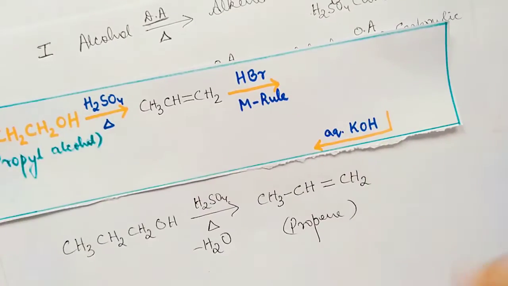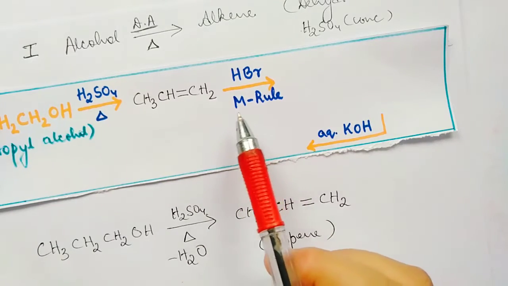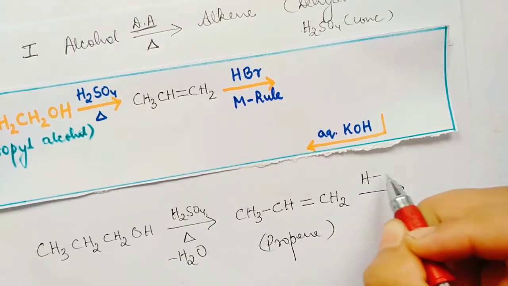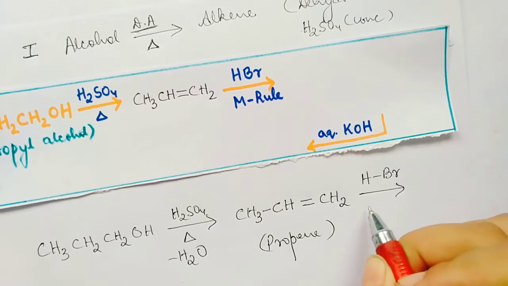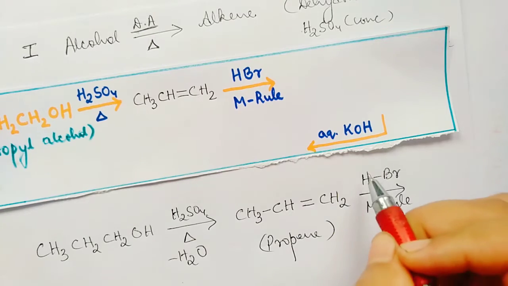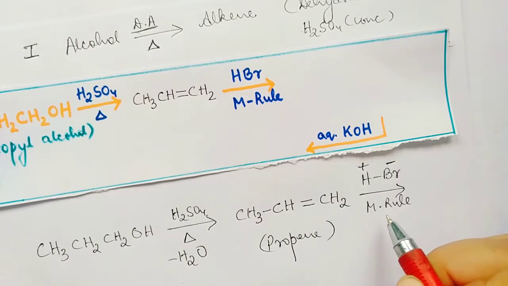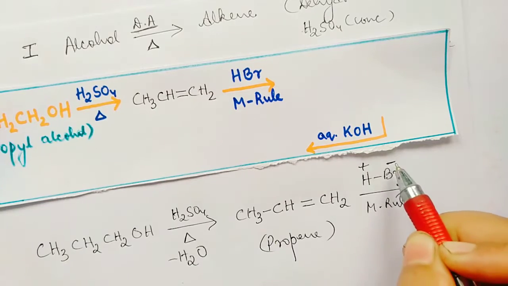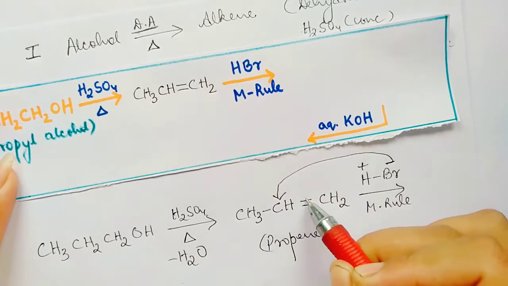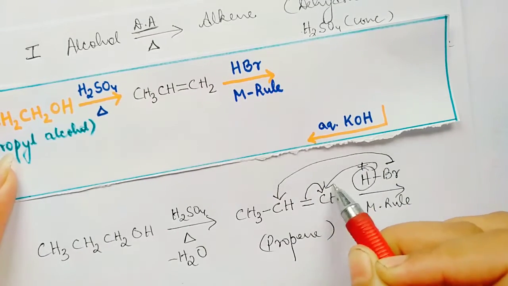Next, you add hydrogen bromide and you have to follow the Markovnikov rule. Here you have a positive part and a negative part. According to the Markovnikov rule, the negative part goes to the carbon which is less hydrogenated, and the positive part goes to the carbon which is more hydrogenated.